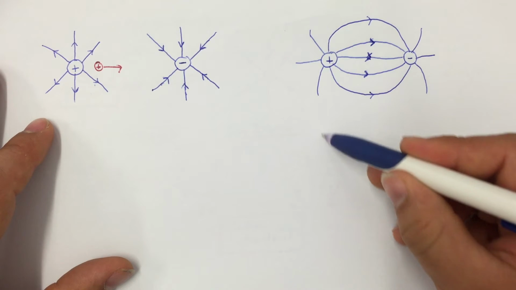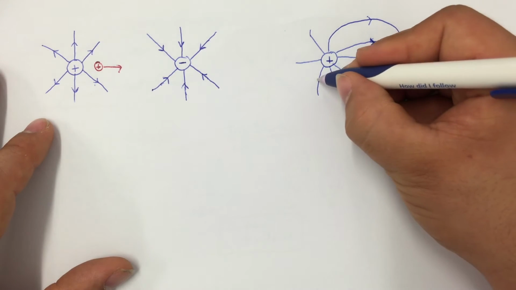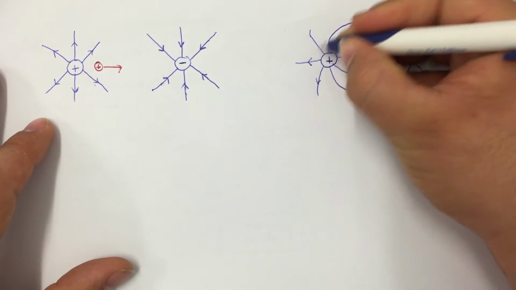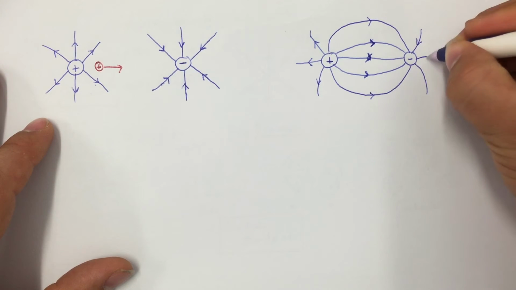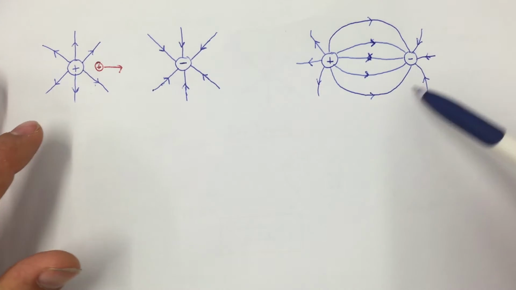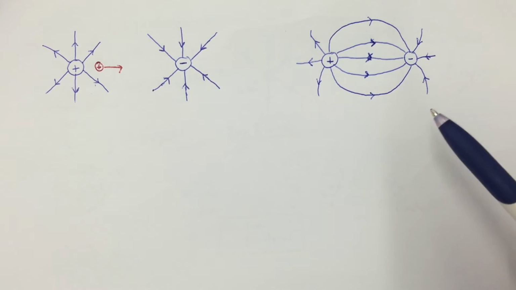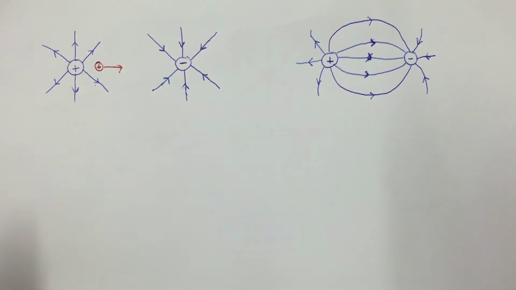And obviously you can imagine this loop going in a huge circle. Again, always coming out of positive and into negative. So this is what the electric field would look like between a positive and a negative object.